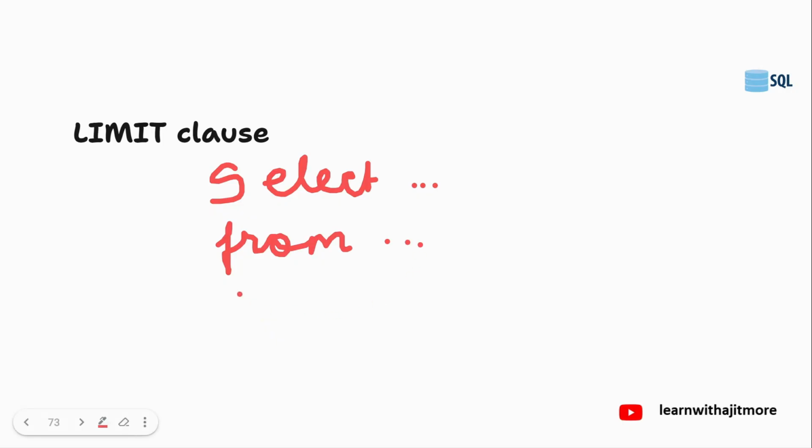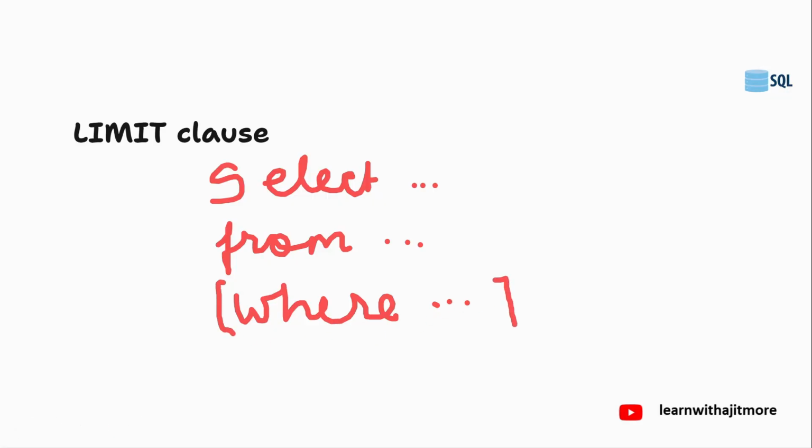Then you will have the where clause, which is optional. If you have done filtering, it's not necessary to do filtering every time. So this part is optional. And after that, you'll write limit and give the number, whatever.